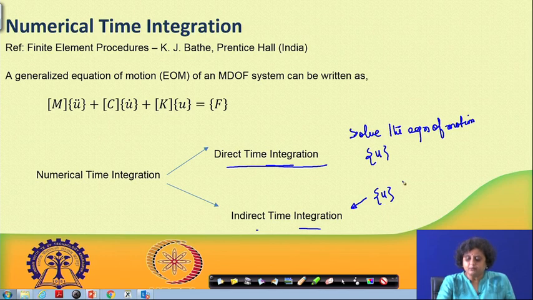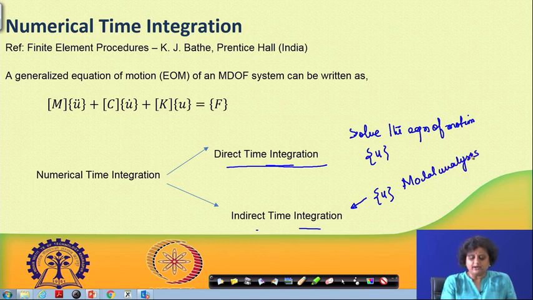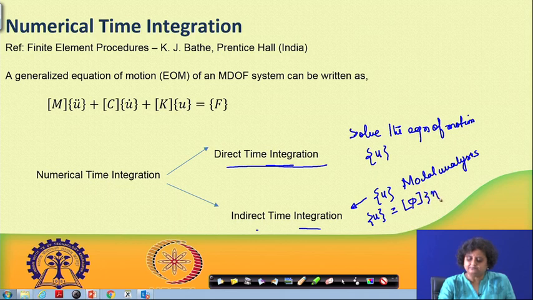Modal analysis or modal superposition is one of the classic examples of the indirect method. In modal analysis we write u as modal matrix phi into eta, and we plug this into the equation of motion and get the solution in terms of eta.